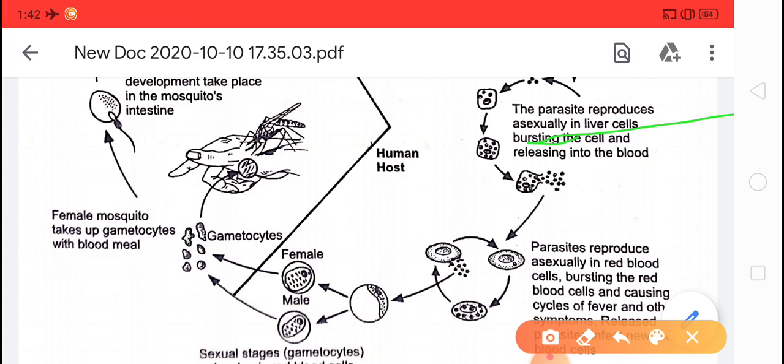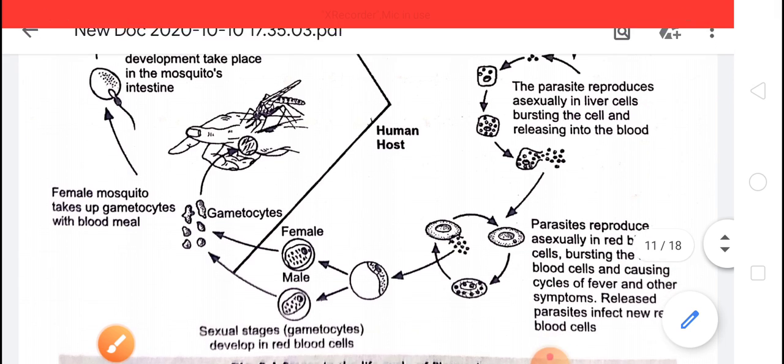First of all, they reproduce in the liver, then bursting takes place, and after that they are released into the blood again.